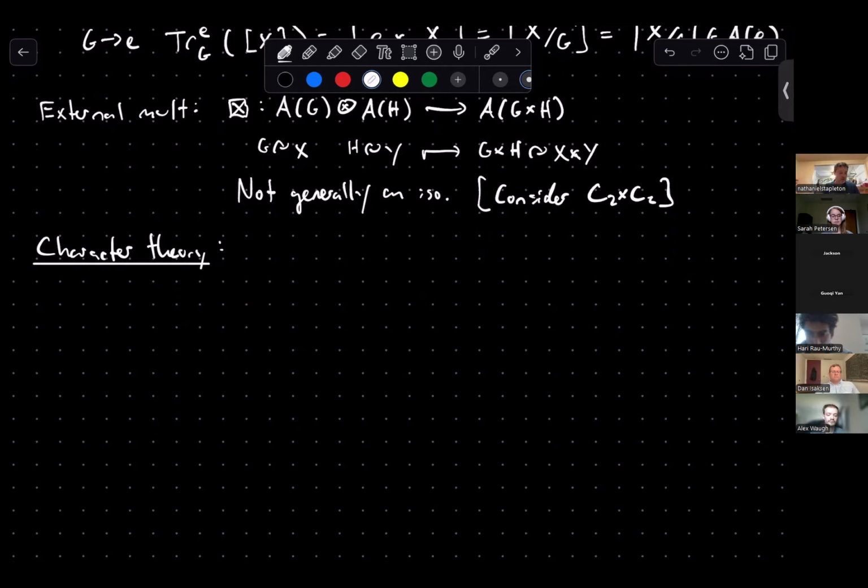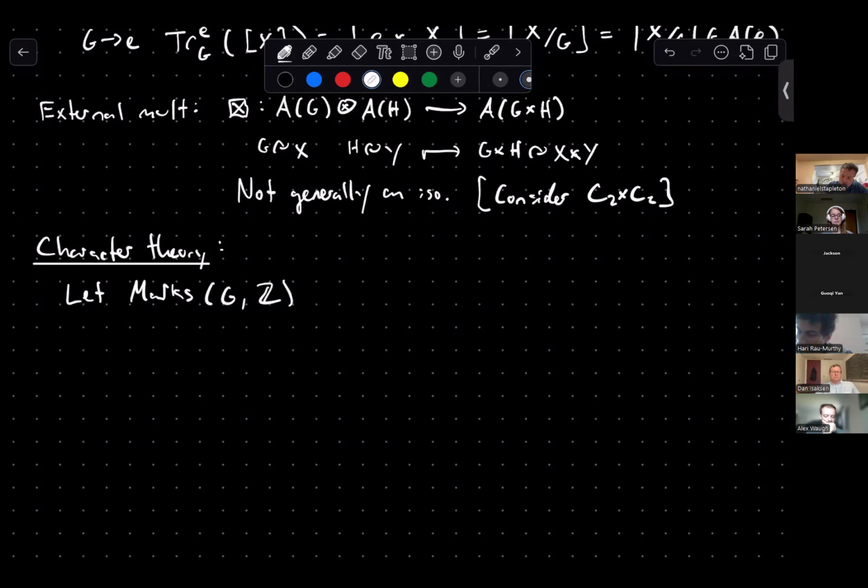This is the way we understand them in general, through character theory. In this case, the thing that plays the role of conjugacy classes of elements in G is conjugacy classes of subgroups in G.